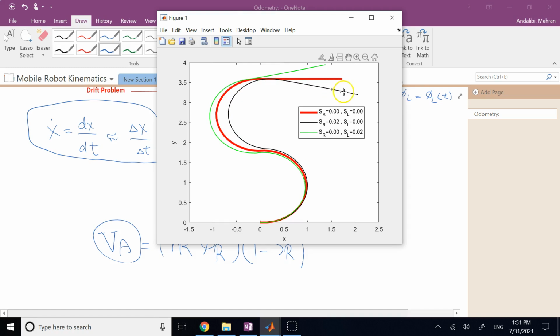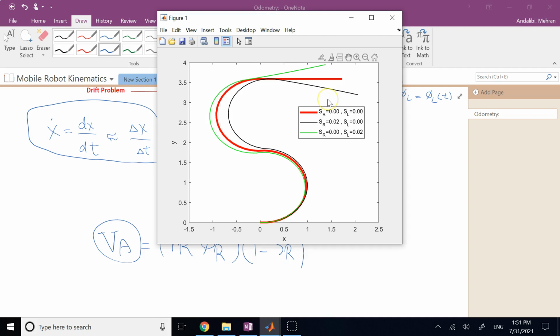This black curve is on the right side of the actual curve because there is slipping on the right side. On the other hand, if I do slipping on the left side, the right tire is rotating more than expected compared to the left. So my car is going to rotate a little bit counterclockwise, and you see the green curve to be on the left side of your actual curve.